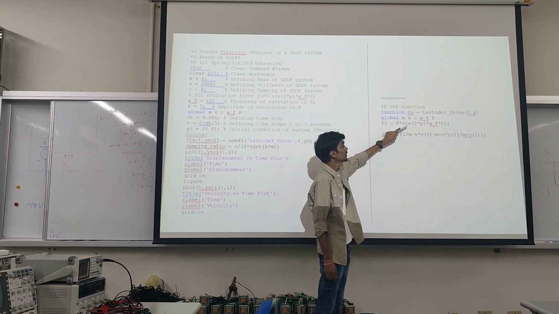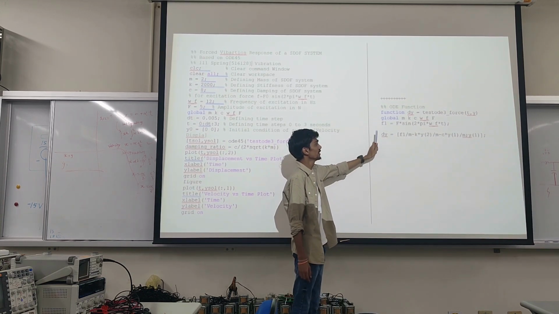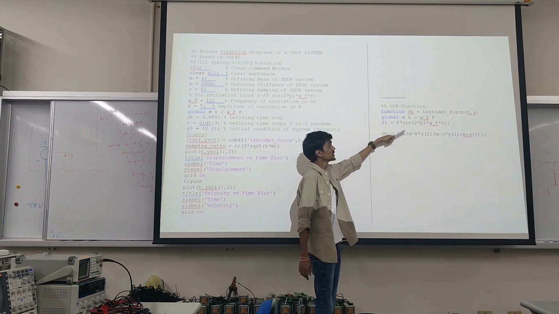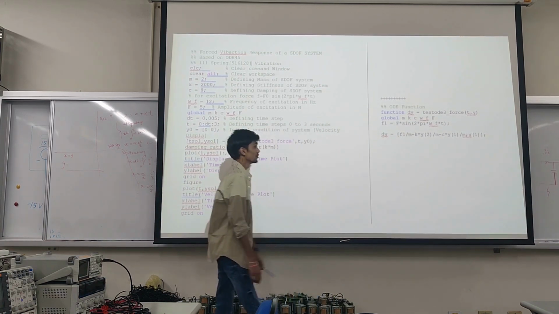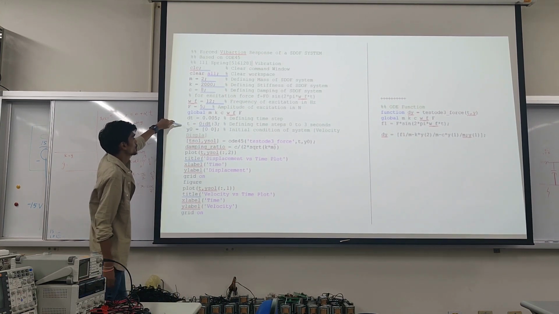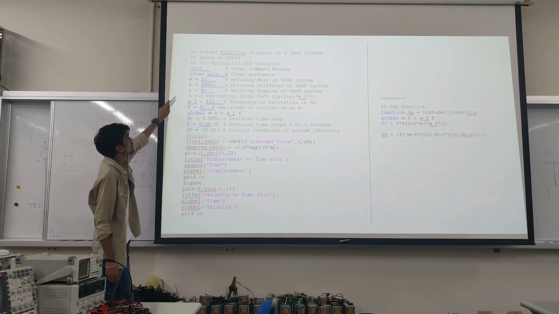F1 is equal to F sin 2 pi omega f t. So this is our force function and this one is for the velocity. Now we are going to call this ODE function test code 3 in this main code for solving displacement and velocity. So similarly we are defining the constants.